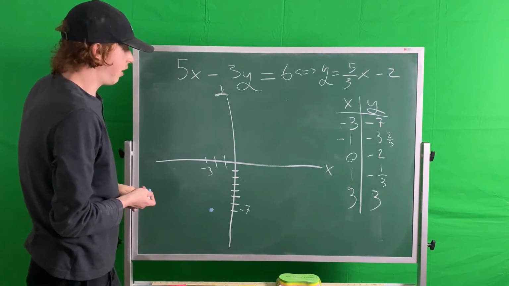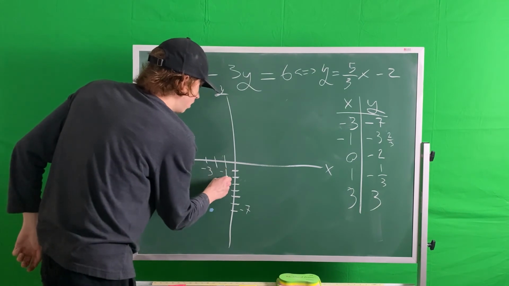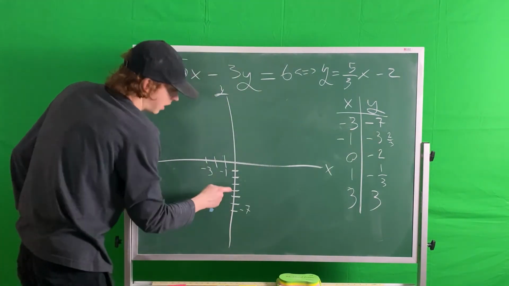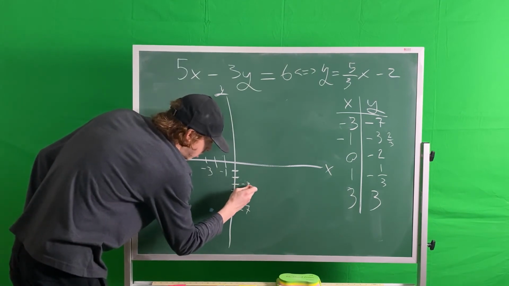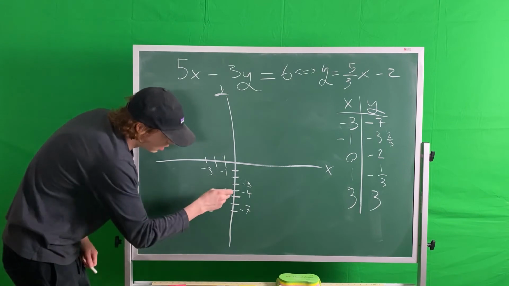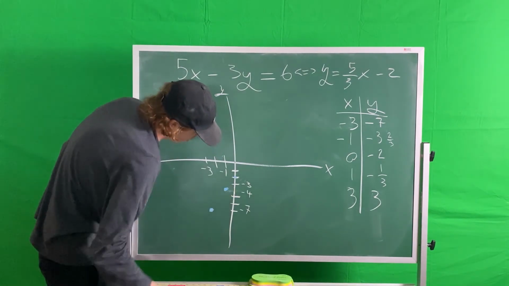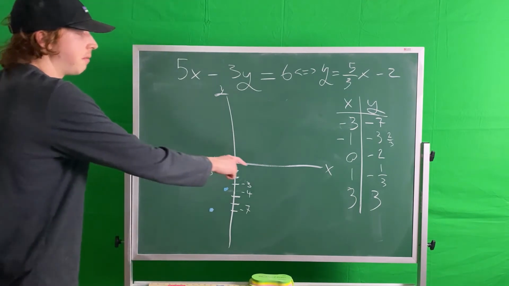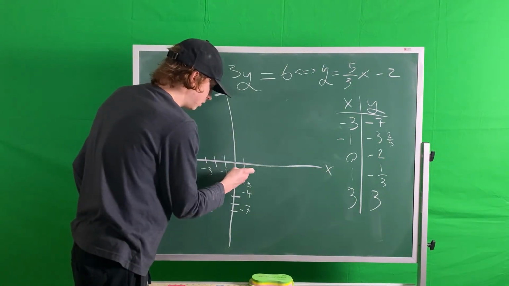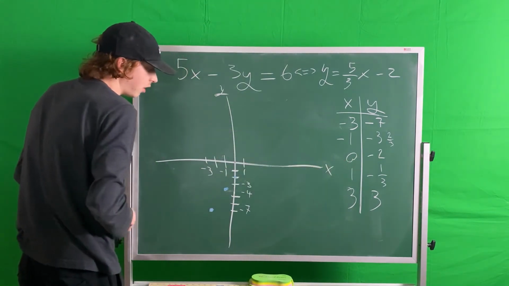And then we have -1, -3 and 2/3. So we have -3 here, and we have -4 here. So we just have to guesstimate. Right, so that would be about right there. And then we have 1, and -1/3.